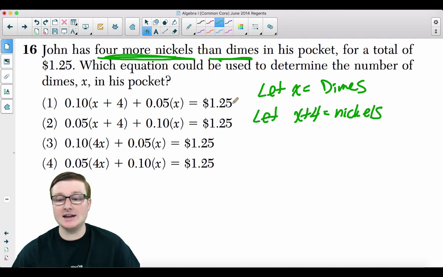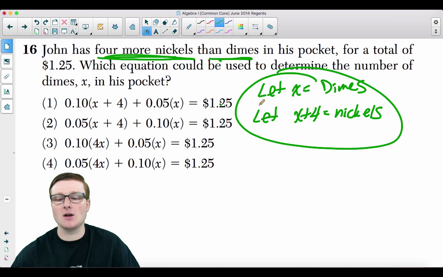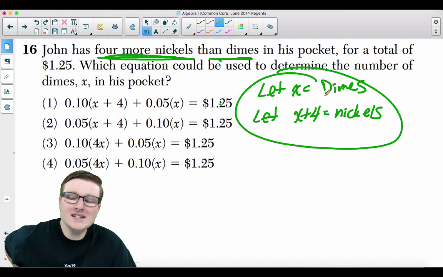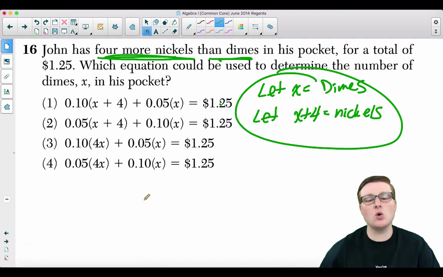And they all result in $1.25. Which equation could be used to determine the number of dimes in his pocket? You're really just adding these things along with the dimes and nickels values, and setting it equal to $1.25. One dime is equivalent to 0.10, which is 10 cents.